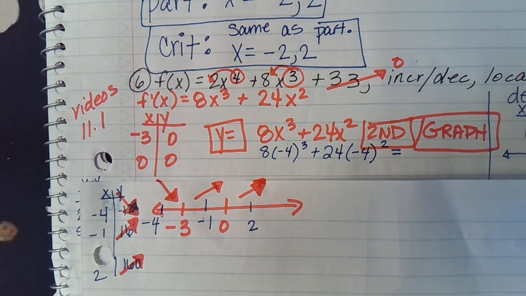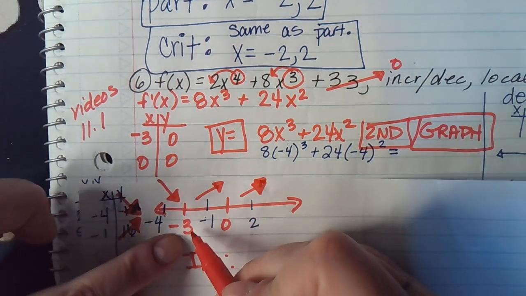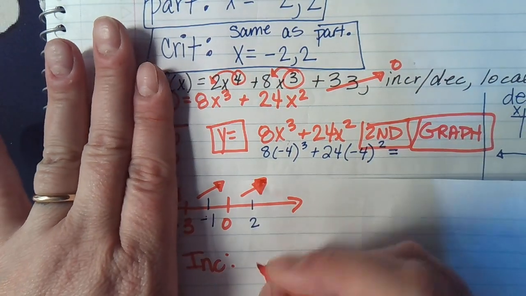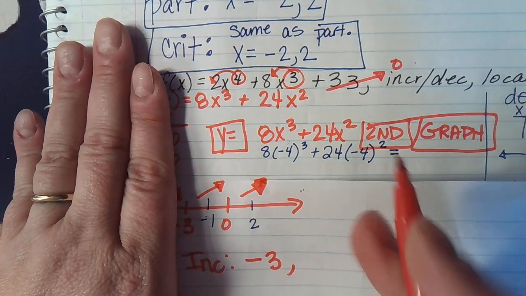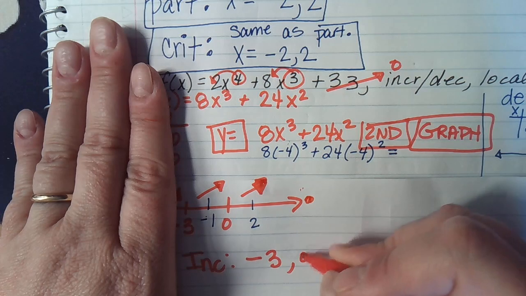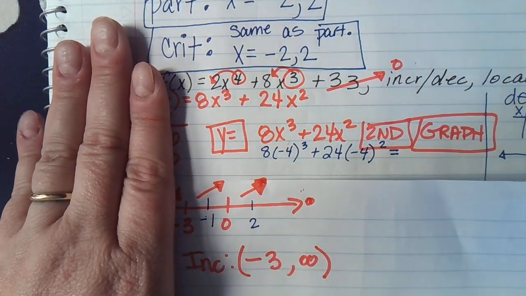Alright, we can now tell which is increasing. Increasing are the up arrows. Where do the up arrows start? They start at negative 3 all the way to the right at infinity. And we use parentheses always.